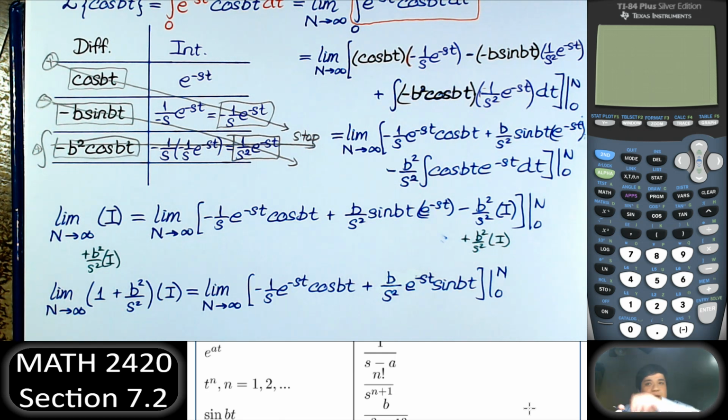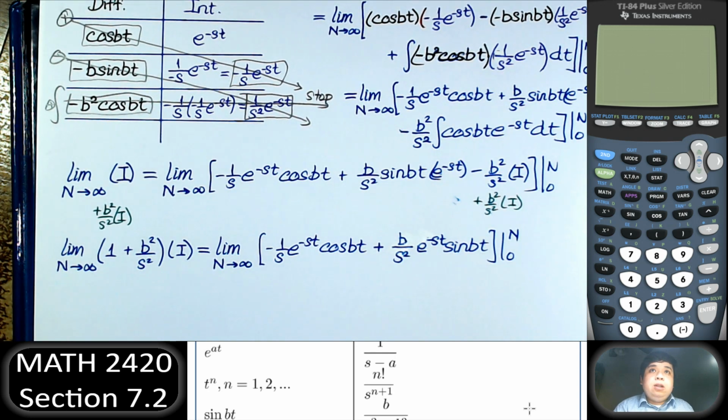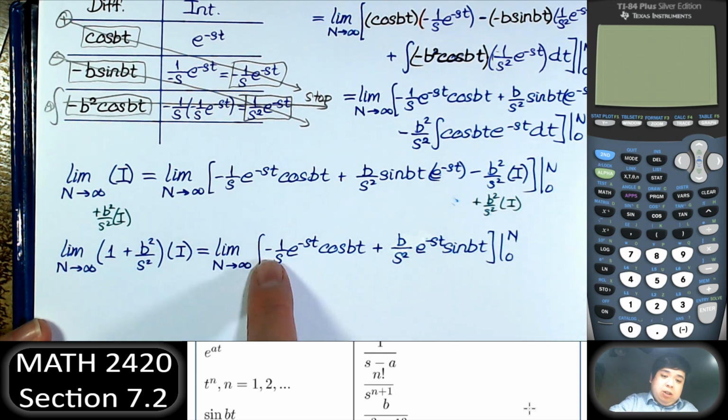The fact that this is an improper integral makes this a little more difficult than it actually is. So like that. Now let's substitute the numbers in.